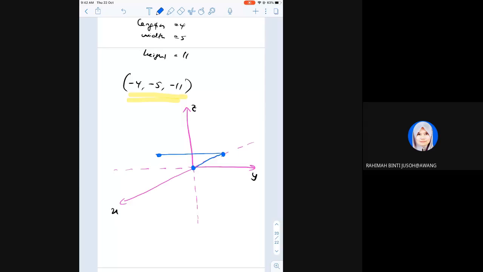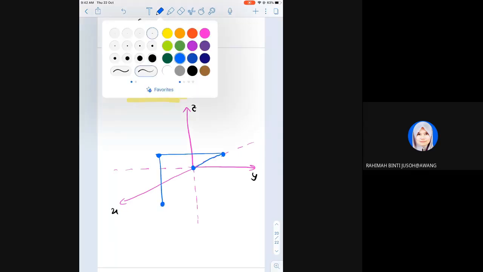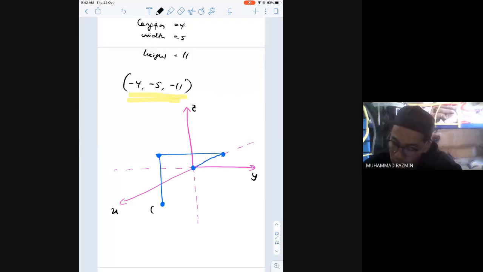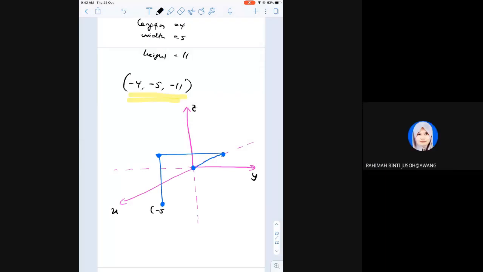Alright, now the third coordinate, third step, 11. We go down or up? Negative 11, down. Yes, so go down here. Okay, so this is the coordinate of negative 4, negative 5 and negative 11.